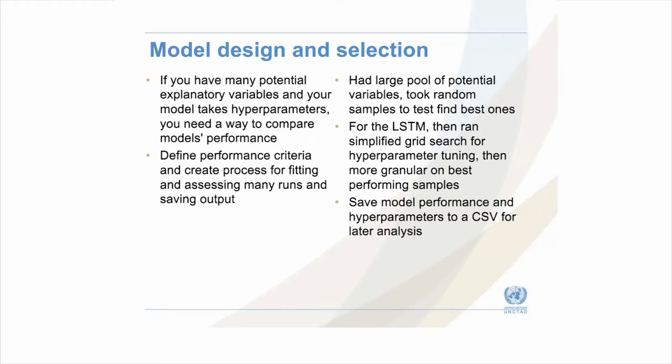The LSTM is a methodology that has hyperparameters, which means different macro parameters on how the network is structured: how many hidden layers you have, how many batches per training epoch, et cetera. These are just things that make the model behave in a different way.